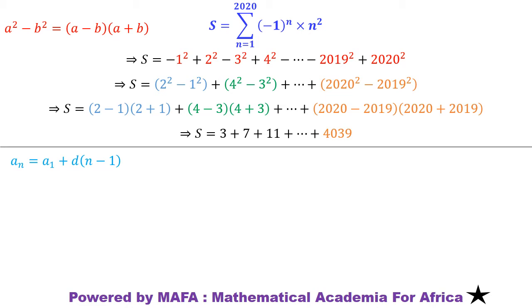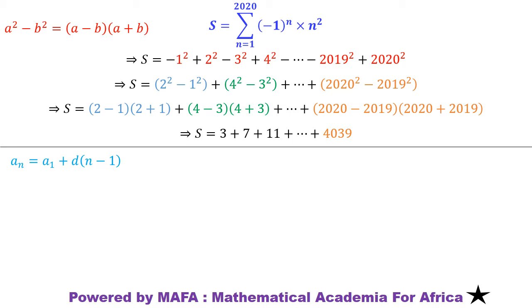Alright, now we need to find the number of terms, but I think it is clear that we have 2020 divided by 2 terms, because we originally had the sum from 1 to 2020, which is 2020 terms.